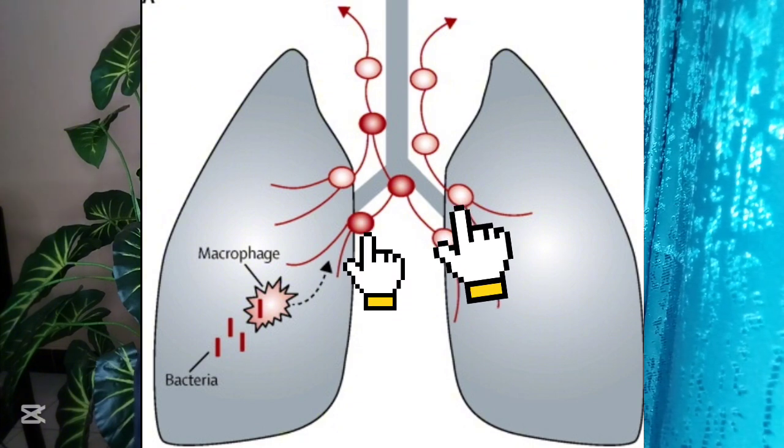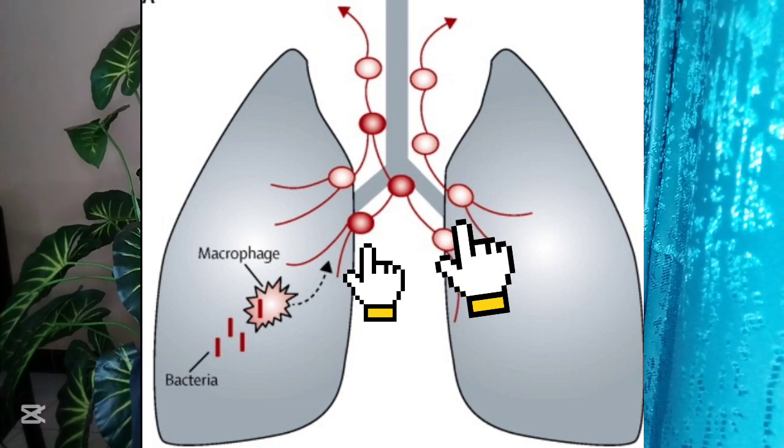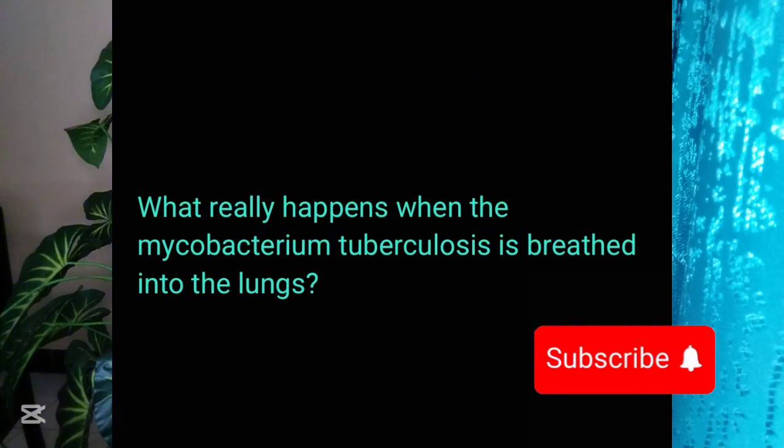That is, this macrophage is surrounded by other macrophages. Some other macrophages elongate and turn into epithelioid cells. Some unite and form the Langerhans giant cells.